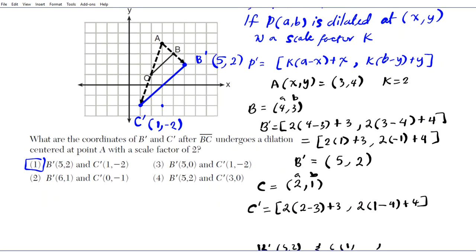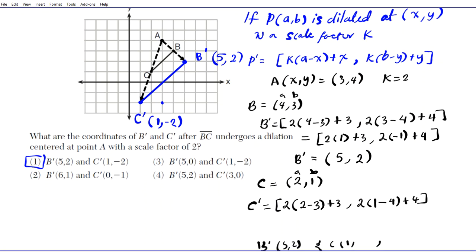And let's use the order of operations to simplify this, okay? So we have 2 times 2 minus 3 is negative 1, plus 3, comma 2 times 1 minus 4 is negative 3, plus 4.